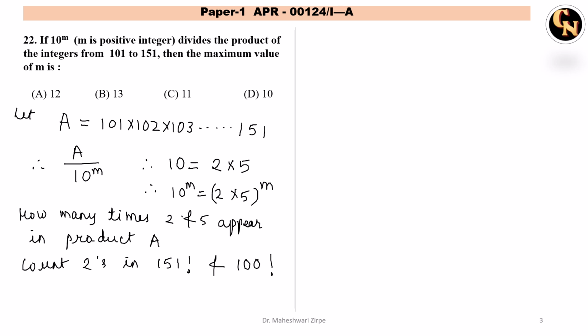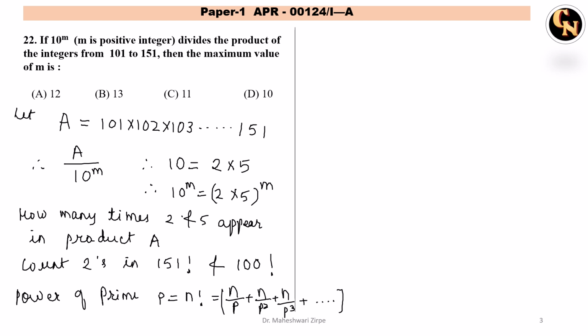Okay, so the power of a prime number, let us denote it by small p, in n factorial is given as n upon p plus n upon p square plus n upon p cube, and so on.